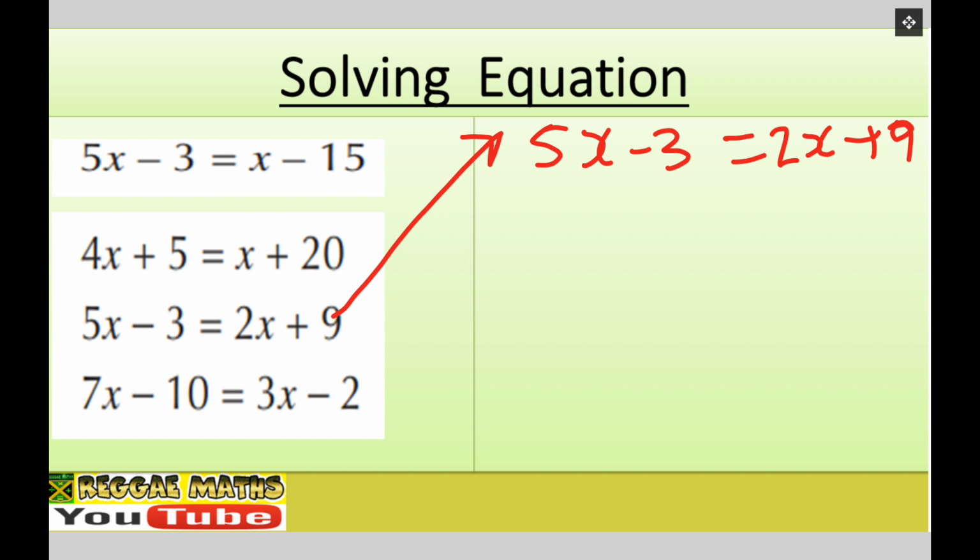So step 1, I'm going to add 3 to both sides. So that gives me 5x, got 2x, add 3 to 9, that's 12.